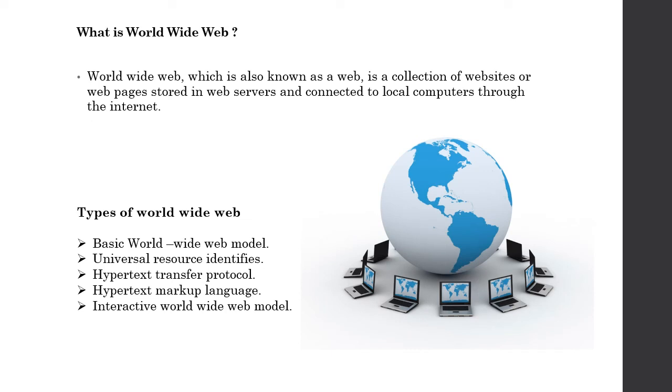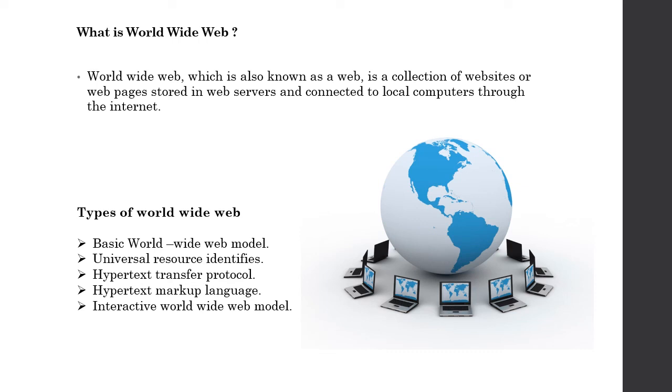The World Wide Web, also known as the web, consists of web servers connected to local computers through the network or internet. These are web pages, which can contain text, digital images, audio, videos, and so on.